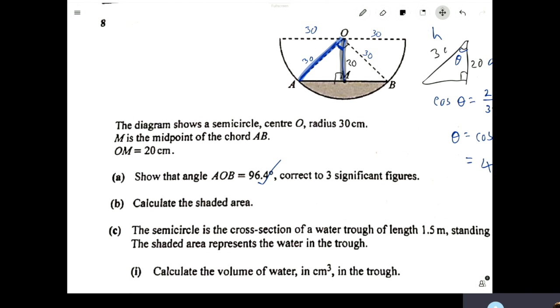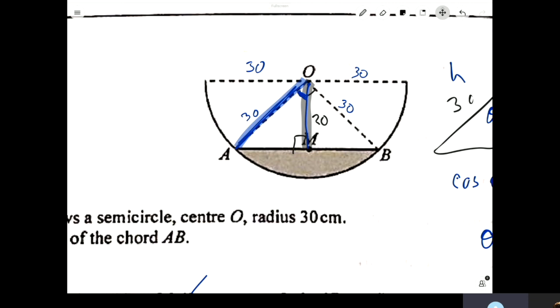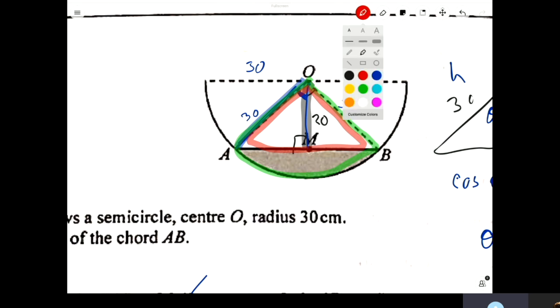Okay, calculate the shaded area. Find the shaded area. Basically, take that sector minus the triangle. Green color minus red color, because I want to find the gray color part.